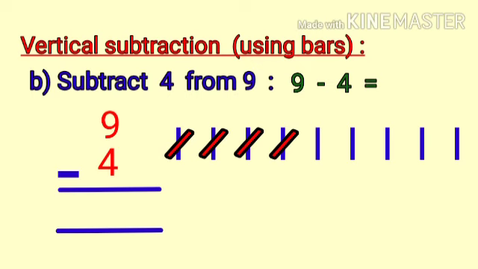After crossing out, we have to count the remaining vertical bars to get the result. By counting these vertical bars, we get 5. So, 5 is the answer. So, 9 minus 4 is equal to 5. Understood, children?